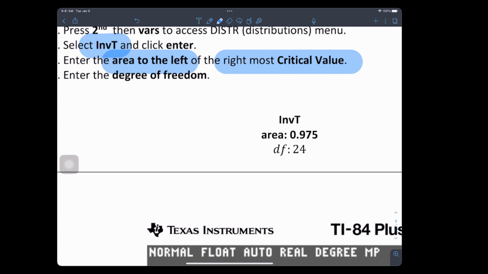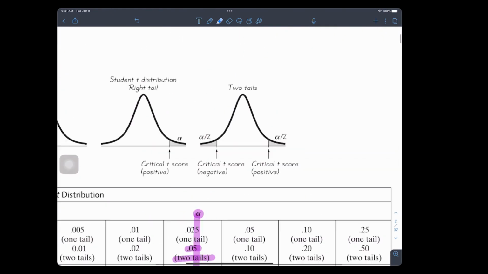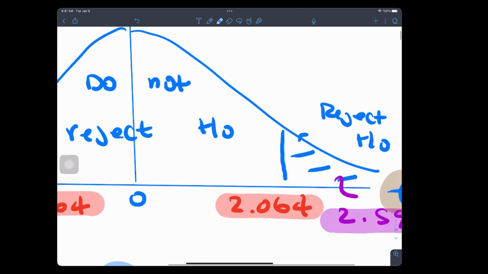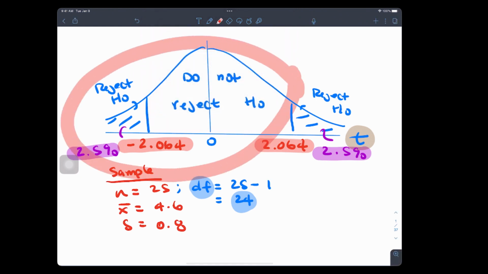You're going, what? Area to the left of the rightmost. Okay. Area to the left. I know what left is. Where's the rightmost? We're talking about this. Area to the left of that critical value. I know you know what it is.